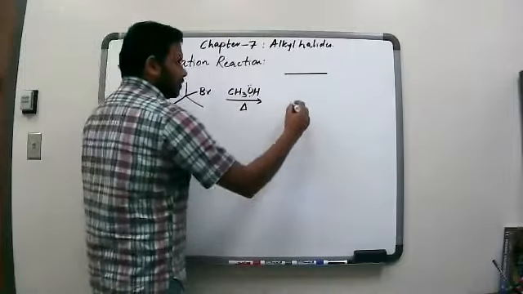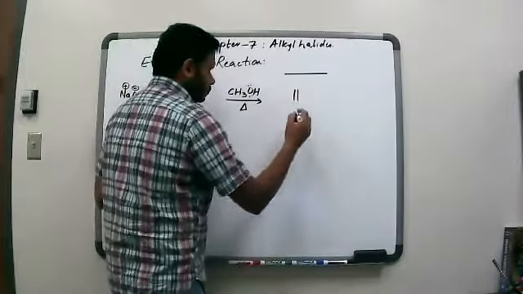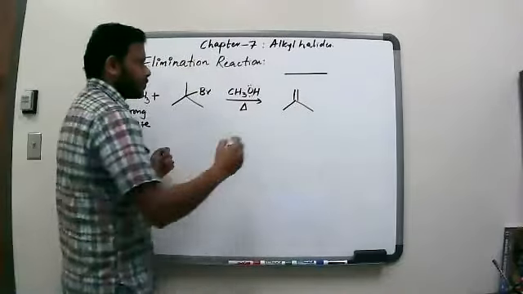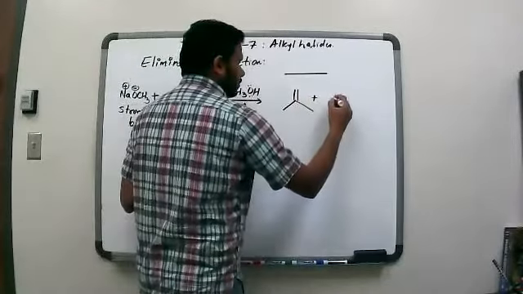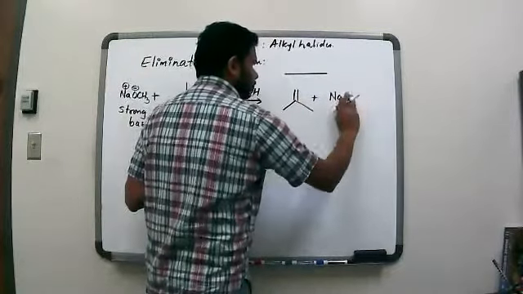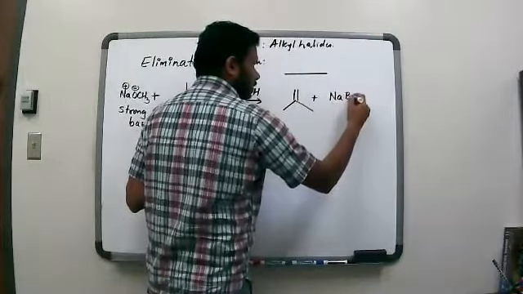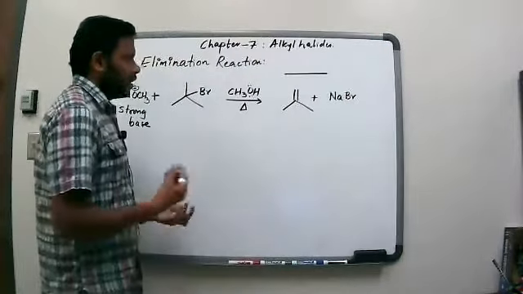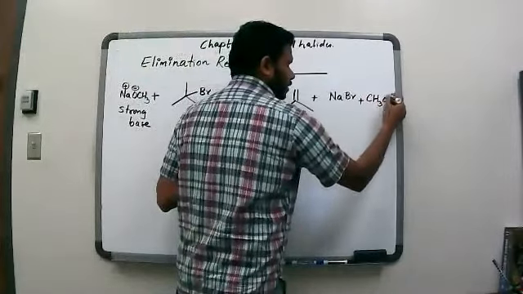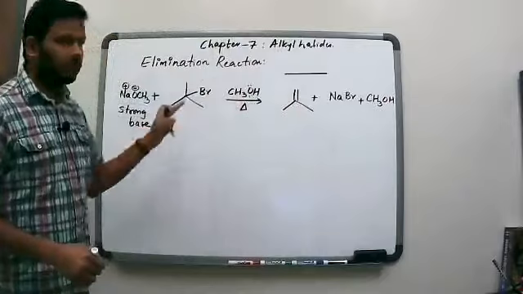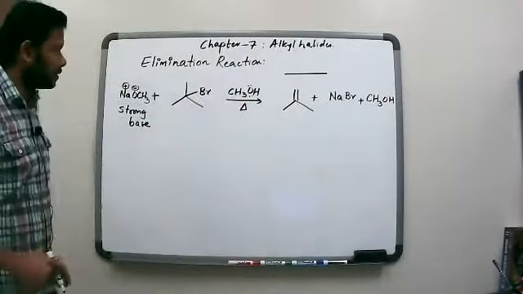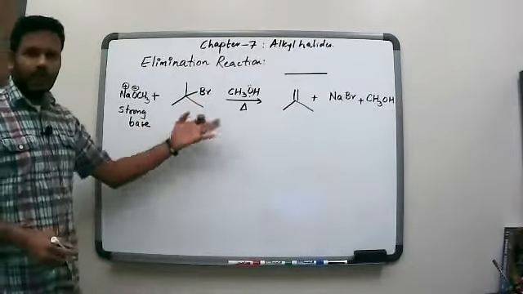When you do this, you get an alkene as your product, plus sodium bromide in this case. We also make methanol, but that is pretty much your solvent under these conditions. So this is the reaction.